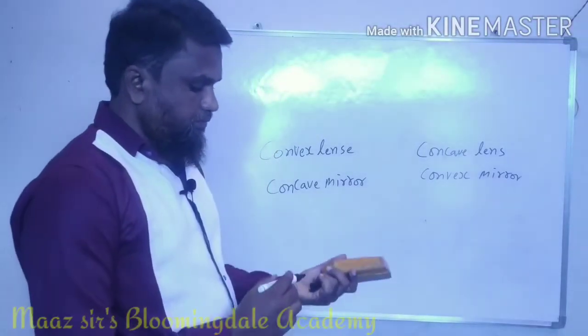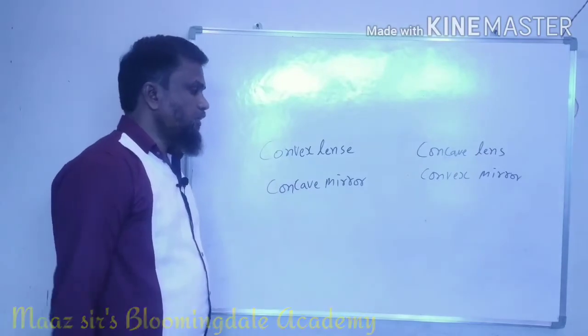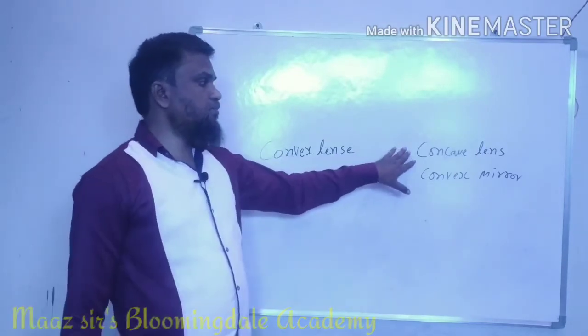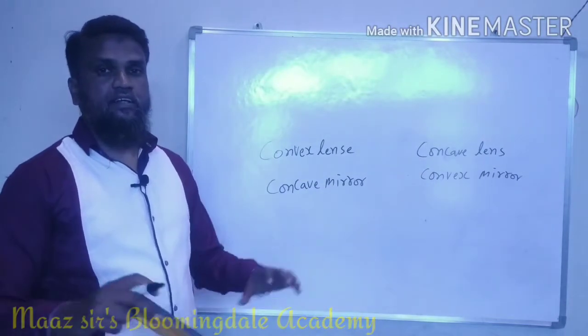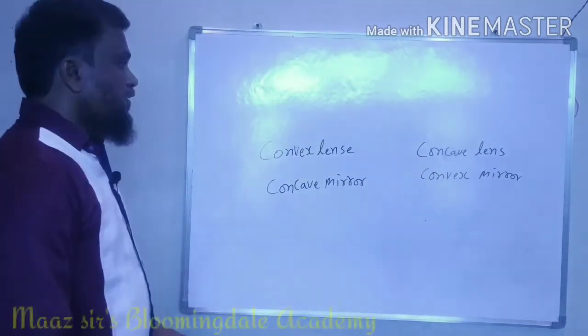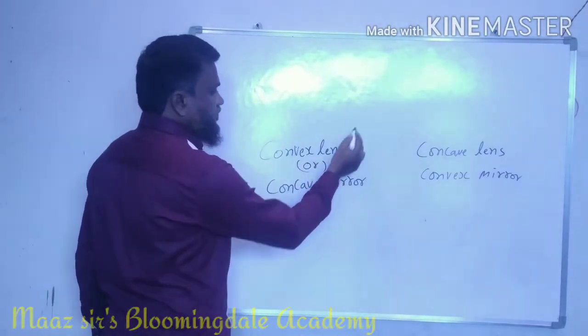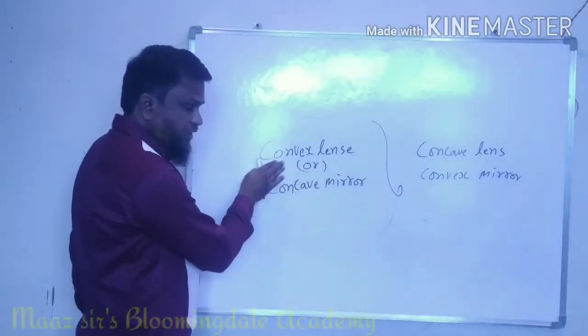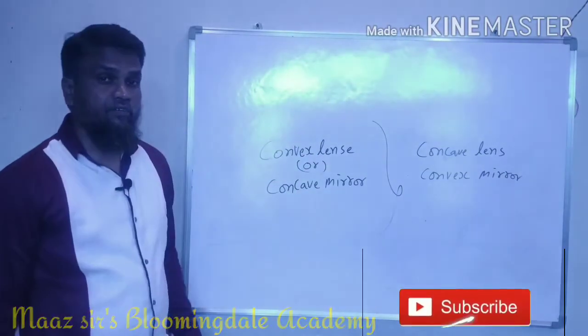So can you tell what is the difference between a convex lens and a concave mirror, and what is the difference between a concave lens and a convex mirror? Is there any difference or not? Here they are both the same. There is no difference between a convex lens and a concave mirror.